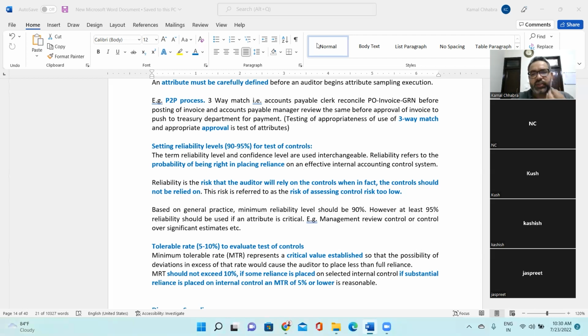There are chances of misstatement. You cannot go more than 95% where you have identified a high risk area, significant risk area, fraud risk area, or the risk of management overriding of control.